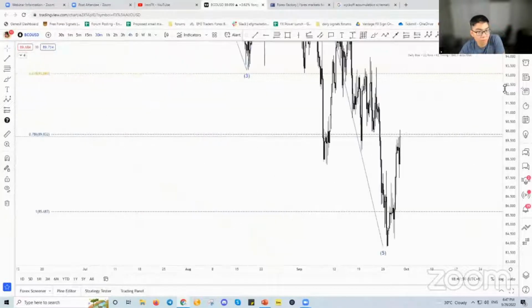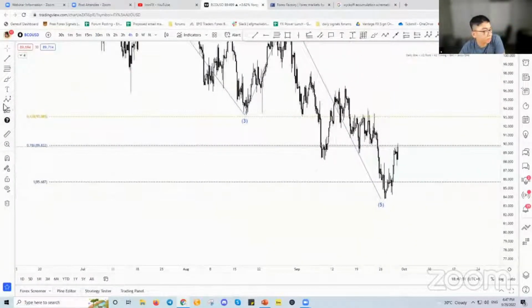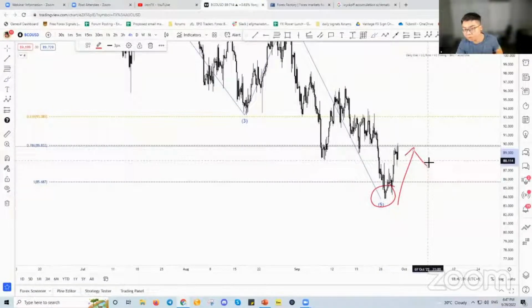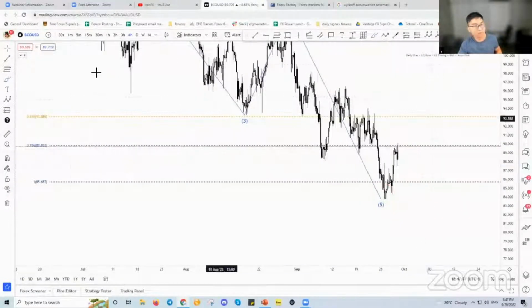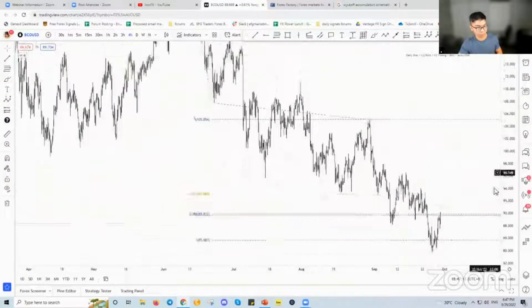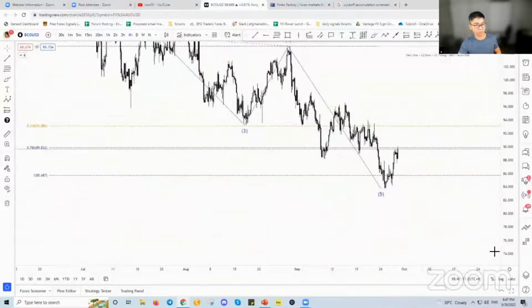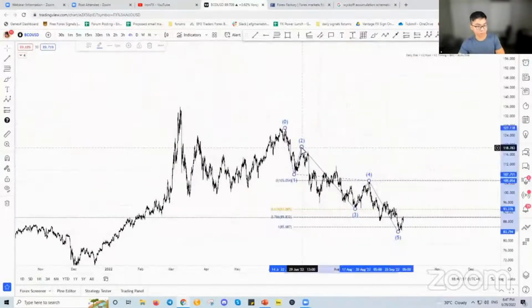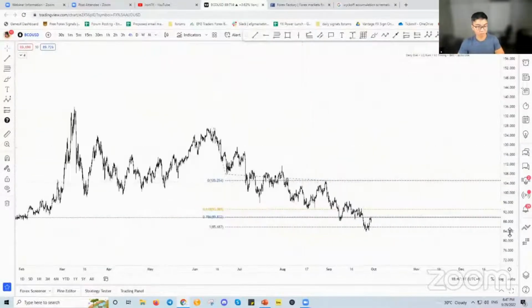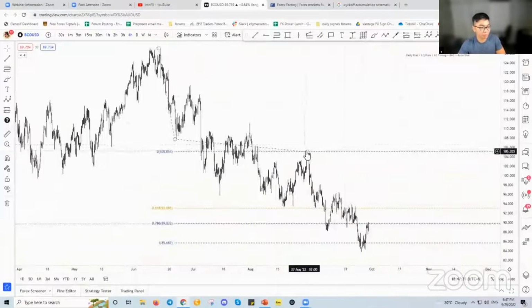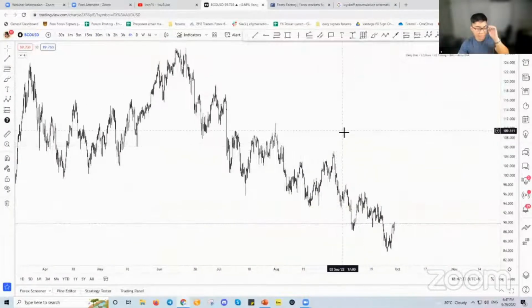Okay, let's go to the 4 hours. Why did the price of oil reverse and go back up, using only pure technicals without fundamental analysis? As I was mentioning, we can use Elliott wave to predict the end of a market trend.